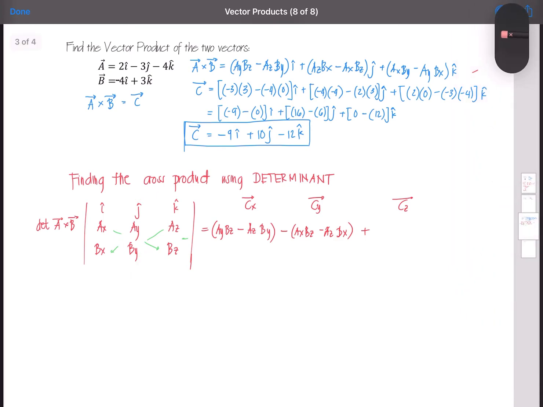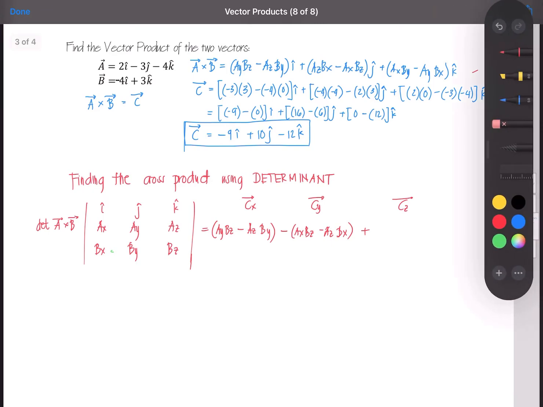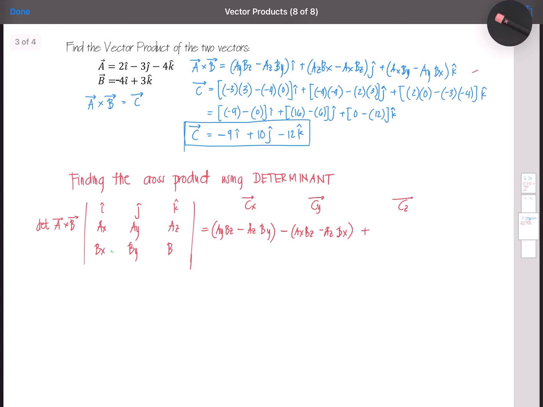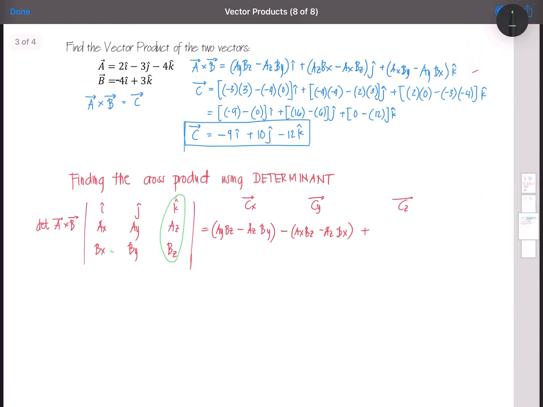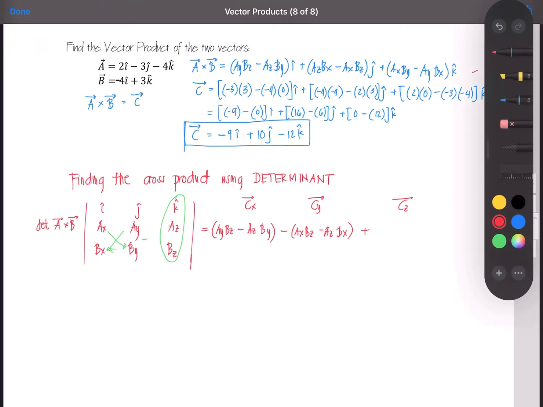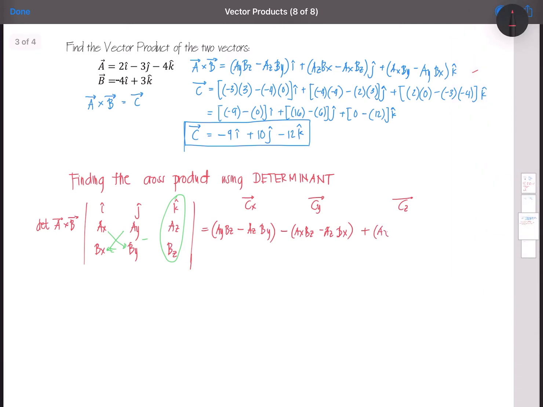Let me erase that first. Disregard this column, and do the same. Writing that, we get AX times BY minus AY times BX.